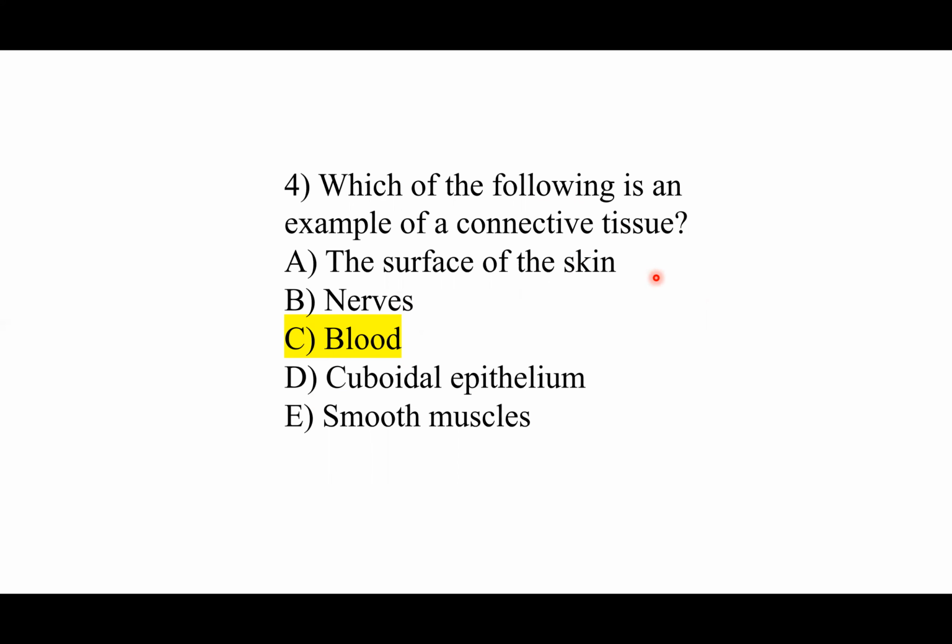It's an epithelial tissue. Nerves are part of the nervous tissue. Cuboidal epithelium, again, is part of the epithelial tissue, and smooth muscles are made up of muscle tissue. So we're left with blood, and blood is fluid connective tissue with an extracellular matrix of plasma.